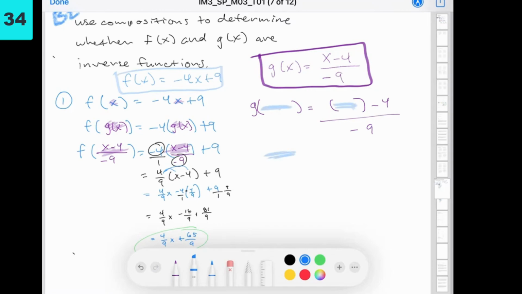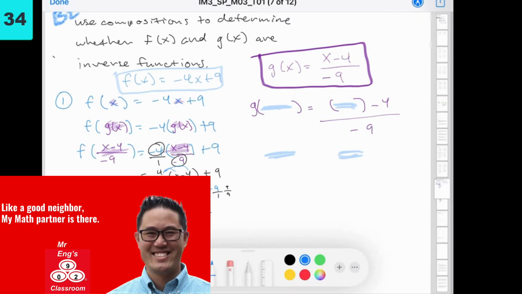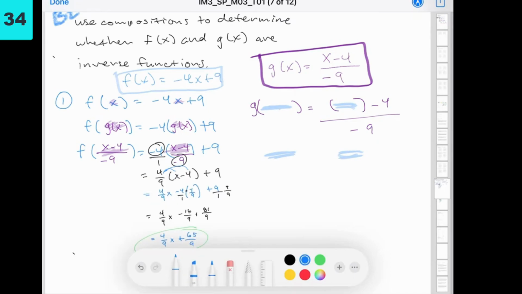I'm going to do it twice. Okay, so we're going to put in an f of x here. Instead of writing f of x now, we're going to write negative 4x plus 9.